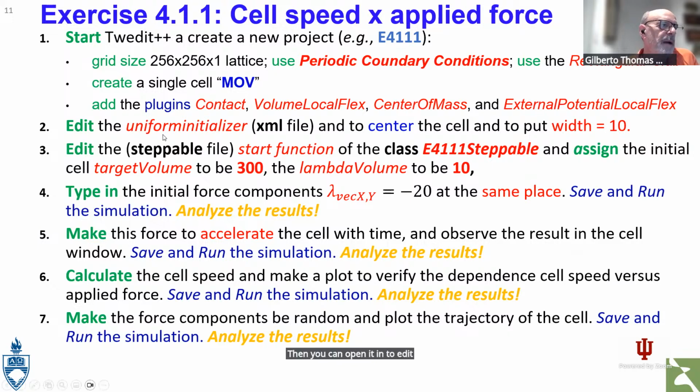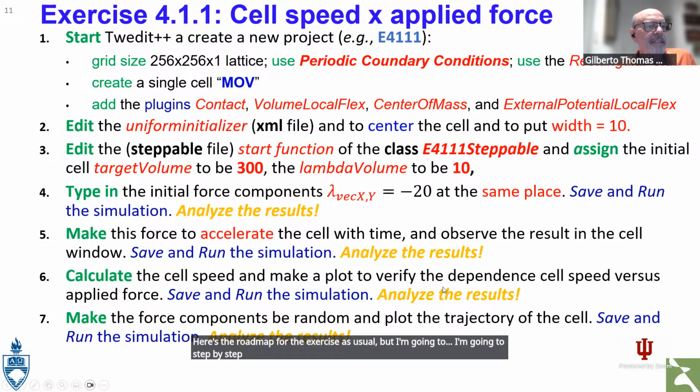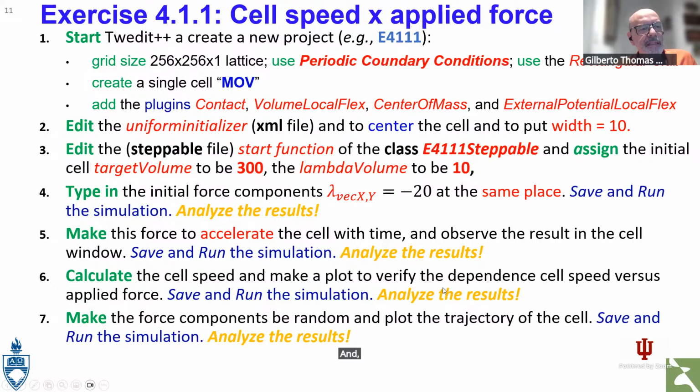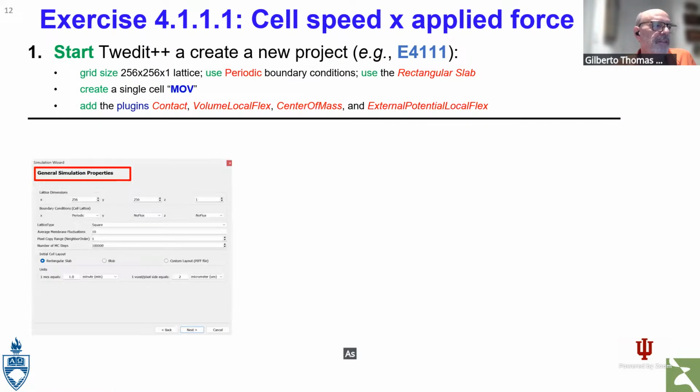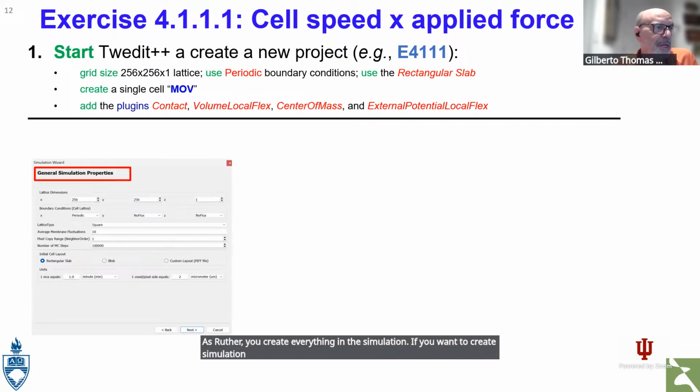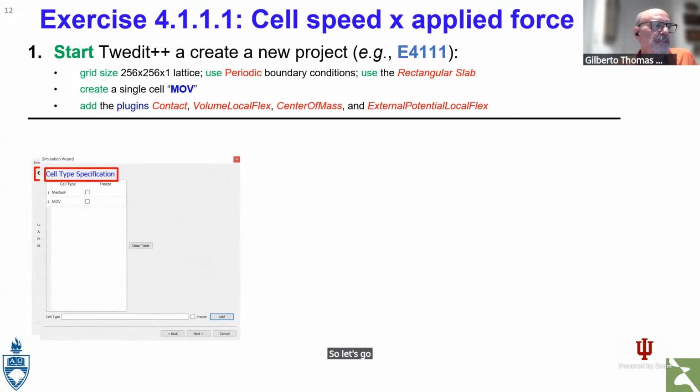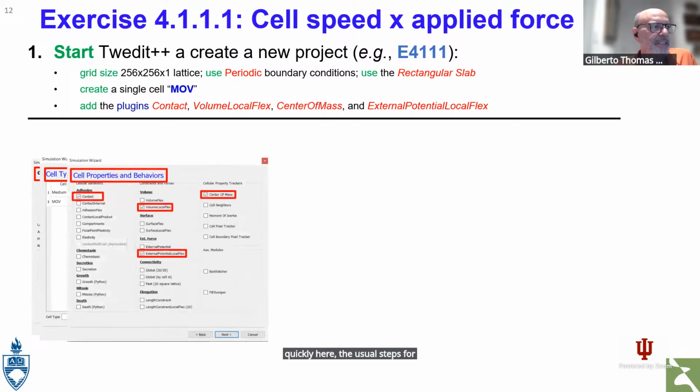Here is the roadmap for the exercise as usual, but I'm going to go step by step, not coding, but looking at the code you already have. As usual, you create everything in the simulation. If you want to create simulations, you are free to do that. The usual steps for the initial simulation.